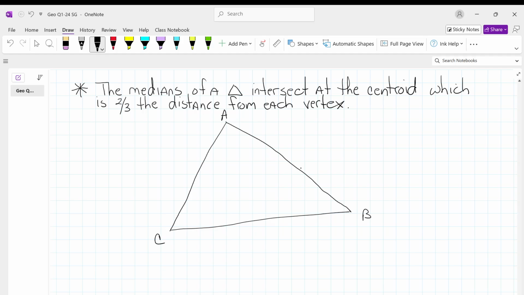And then on side AB, try to estimate the middle and put a point there and call it D. And then do the same thing for side BC, estimate the middle, put a point there, call it E. And then for side CA, estimate the middle, put a point in the middle, and call it F.